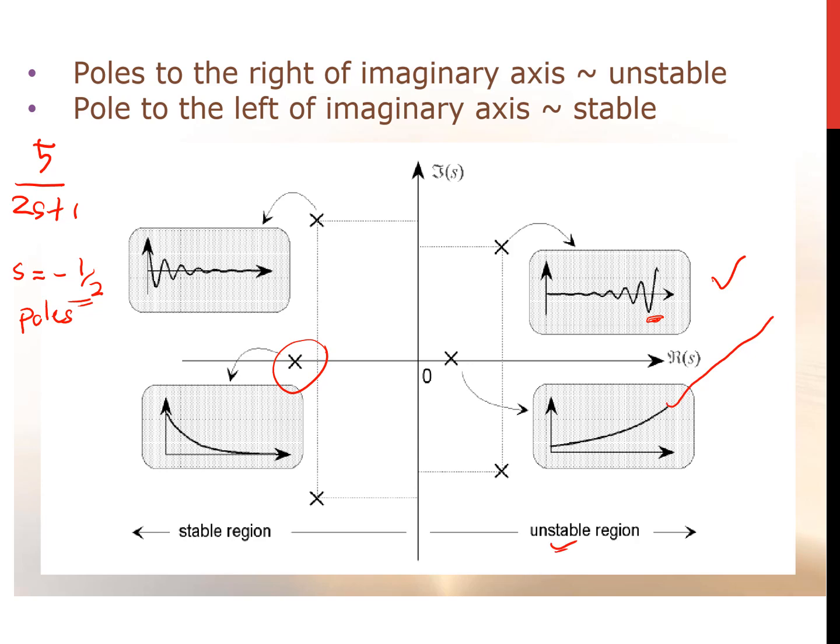And for this one, although you have the oscillation, in the end it becomes steady, so it is considered stable, and this one of course is stable. So from the given response, if we have negative poles, then it is a stable process, and if we have a positive pole, then it becomes unstable.